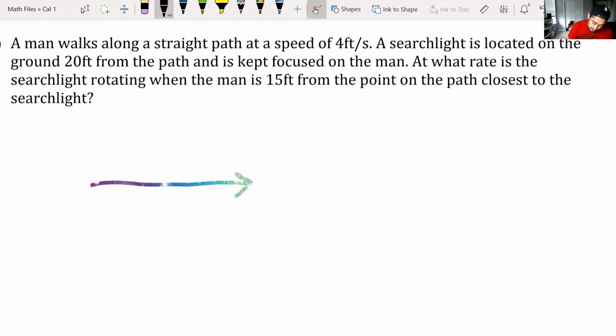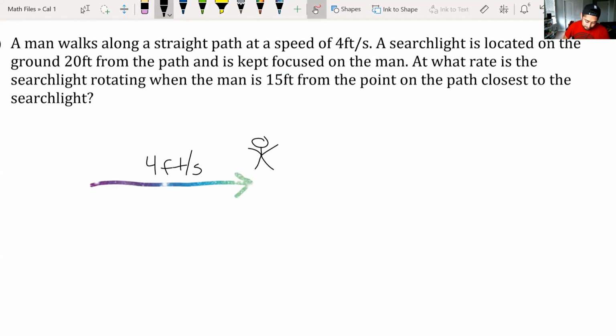So our guy is walking at 4 feet per second. Somebody convert that to miles per hour. We don't walk in feet per second. We walk in miles per hour, even though we have feet, but we don't understand.